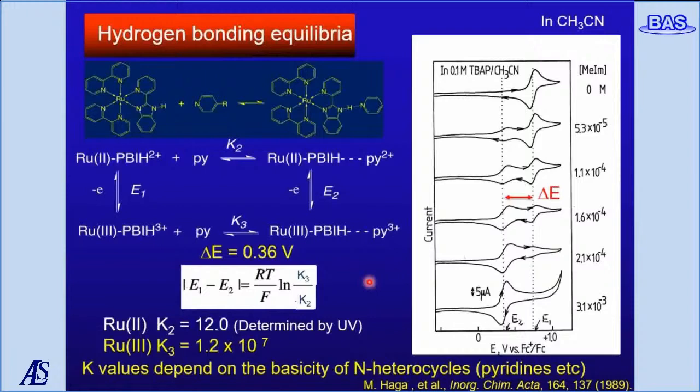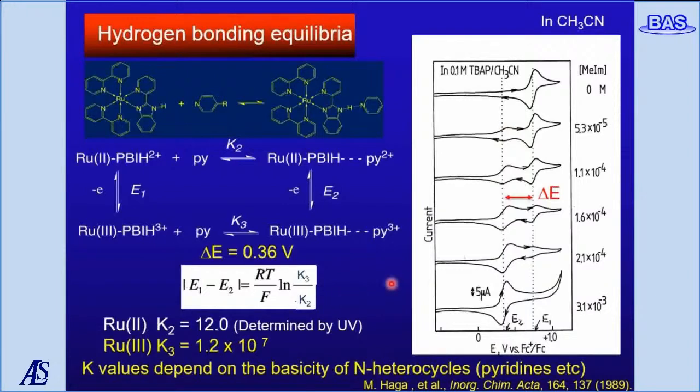When pyridine was added into the ruthenium solution, a new peak appeared on the negative potential side in addition to the original ruthenium 2,3 couple. And the new peak became larger with increasing concentration of heterocycles. The amount of the potential shift can be used to determine the equilibrium constant for the ruthenium 3 state by considering this thermodynamic relationship from the square scheme.